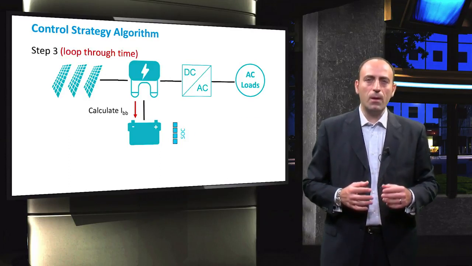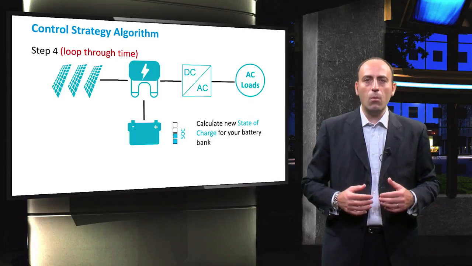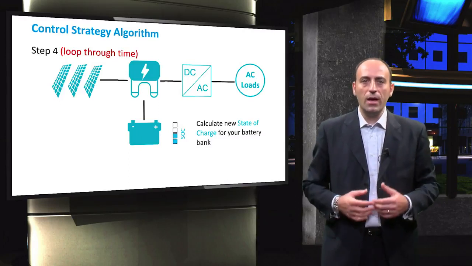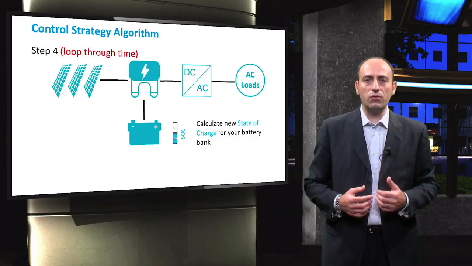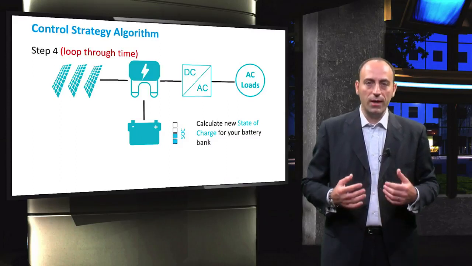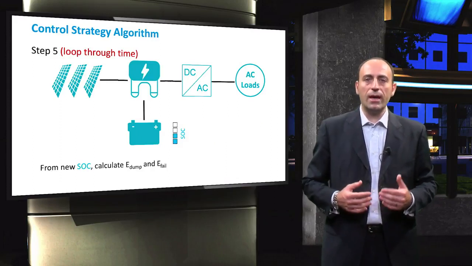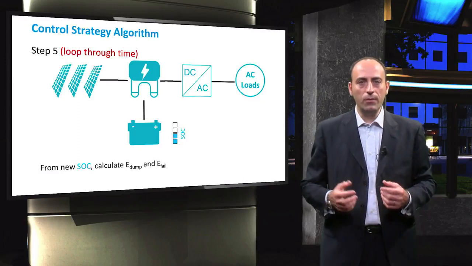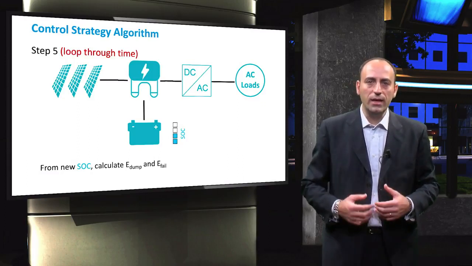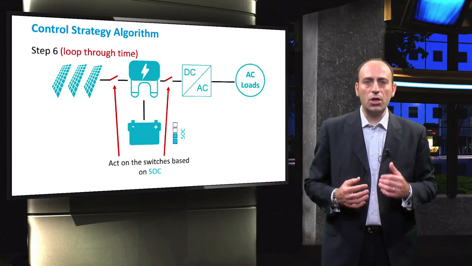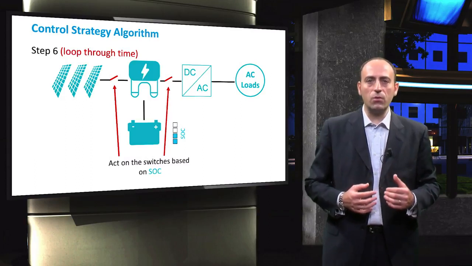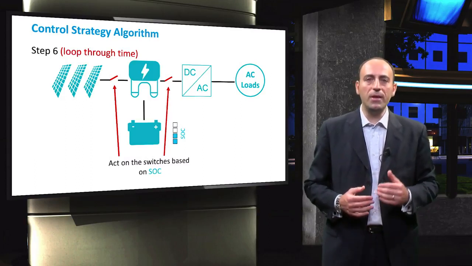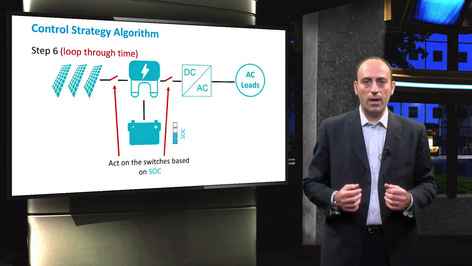In the fourth step, based on the IBB value, whether it is positive or negative, calculate the instantaneous state of charge of the battery bank. Then, from the new SOC, calculate E fail or E dump if applicable. Finally, in the last step, act on the charge controller switches based on the calculated new SOC and repeat the loop for the new time step.